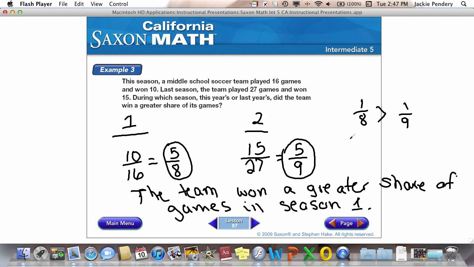Make sure your pictures are the same size, one right on top of the other. Okay, split one of them into 8s, split one into 9s, and color. Okay? 5 of each. You can also use your manipulatives in order to show you. Okay? All right, your lesson practice is A through E, all on one page tonight. So go ahead and work those out, and we'll talk about it tomorrow.